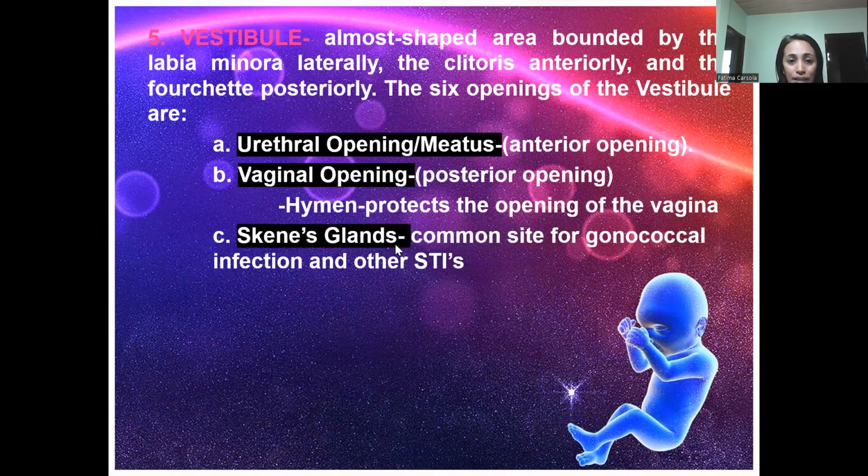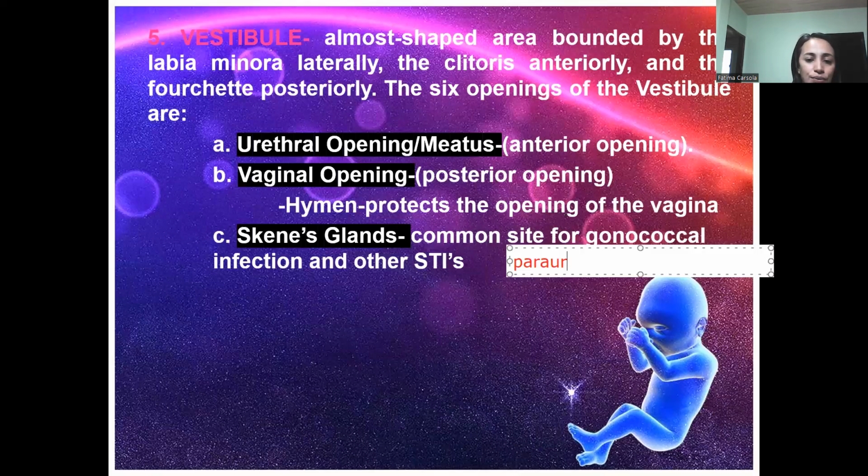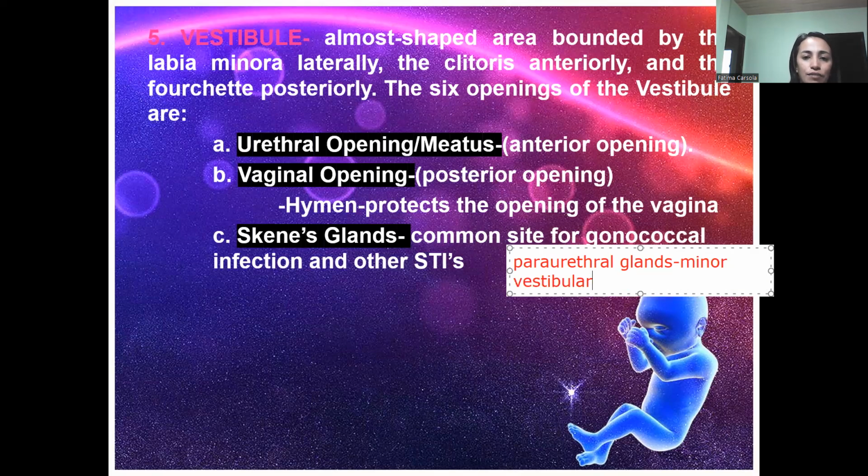And then we have here the Skene's glands. The Skene's glands are also called your paraurethral glands, or your minor vestibular glands, because they are beside the urethra.